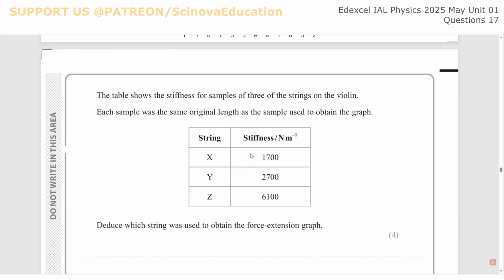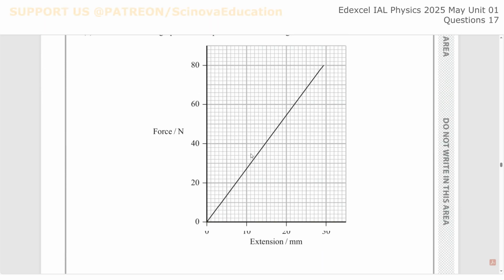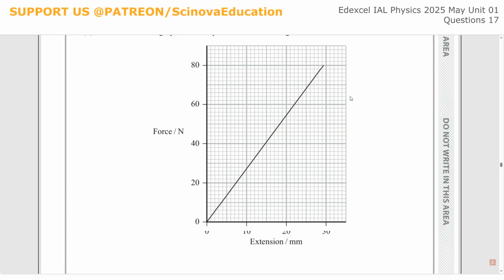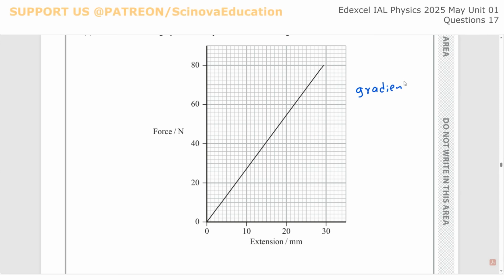For this, we will have to determine the stiffness of the string which is represented by the graph. As I have explained in a previous question, in a force extension graph, gradient represents the stiffness. So gradient equals stiffness.